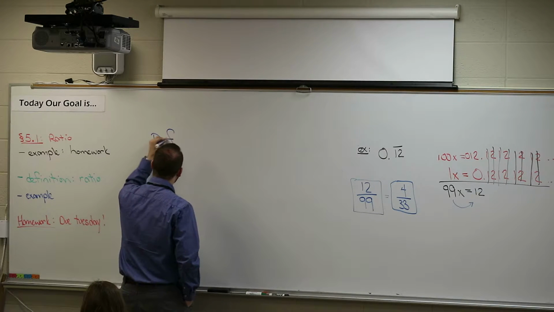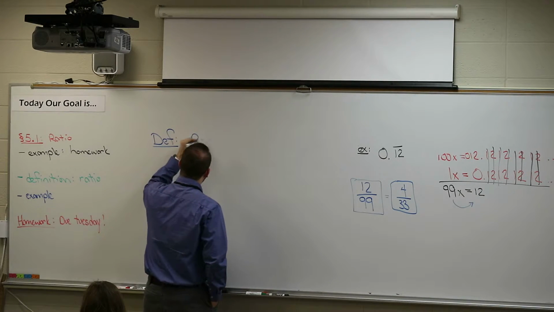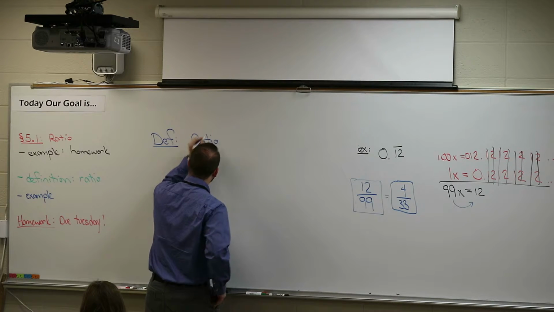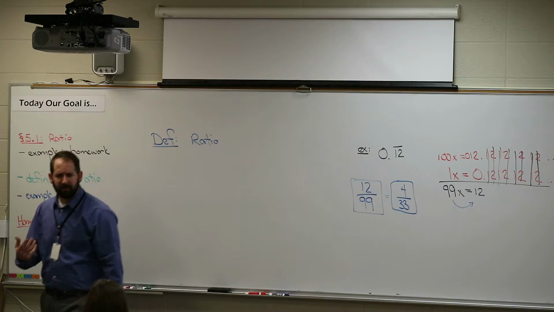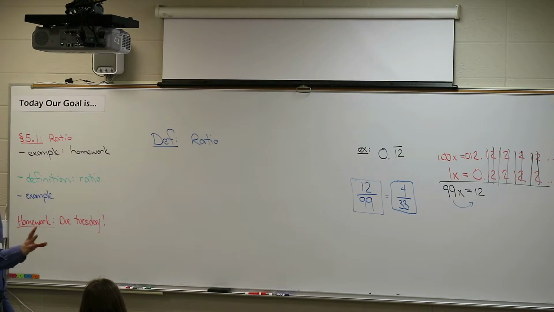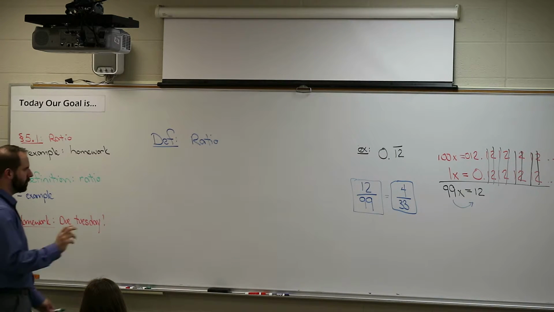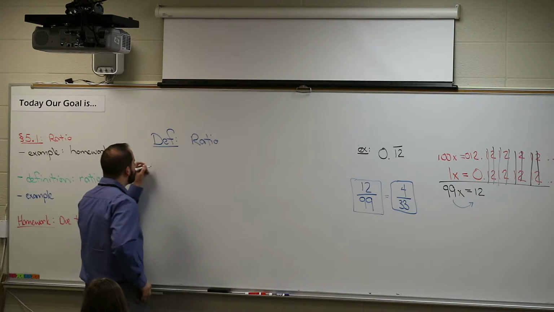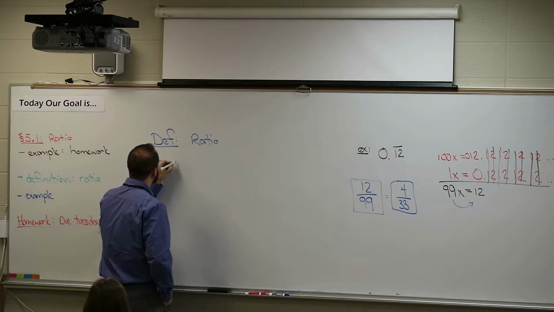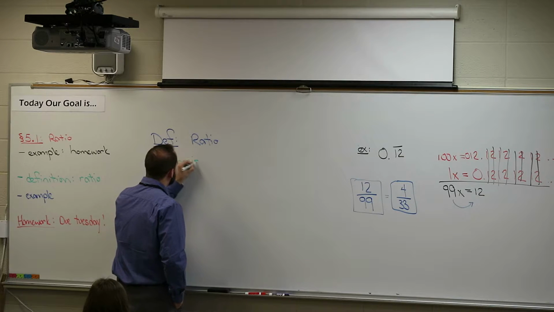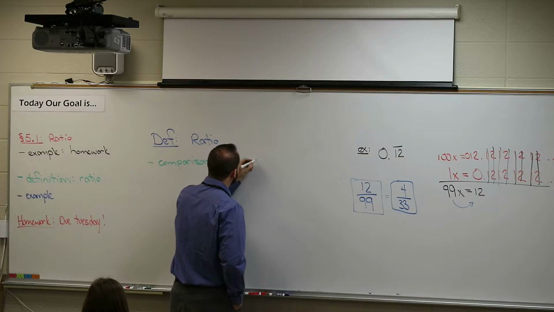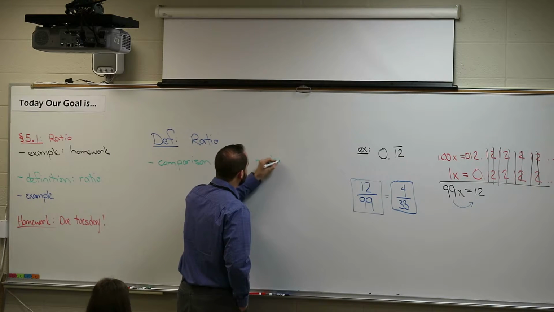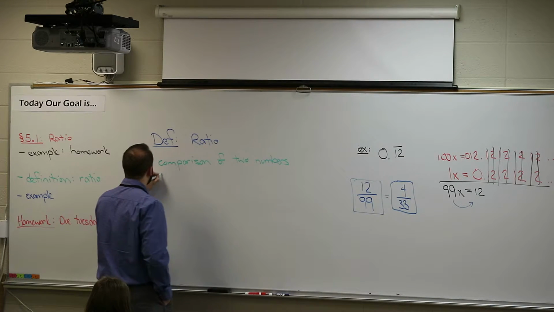All right, so definition of a ratio. The good news is we've actually had that word before. It was a long time ago, when we first introduced fractions. A ratio is a comparison of two numbers using division.